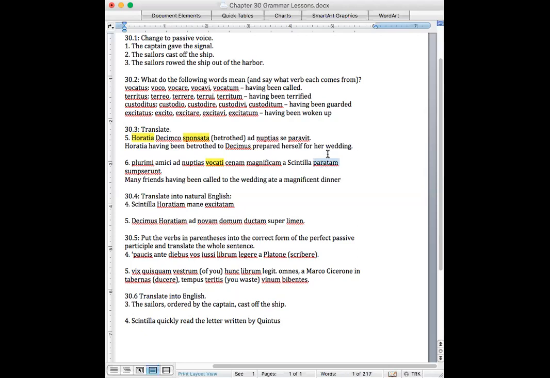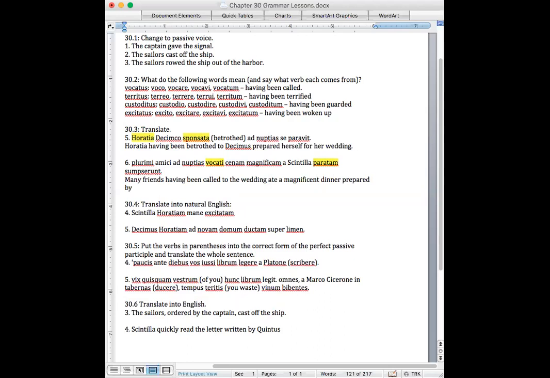Paratam, a scintilla. So you've got an a, which indicates to you that you have something that's passive. So you've got paratam modifying cenam. So, a magnificent dinner prepared by Scintilla.